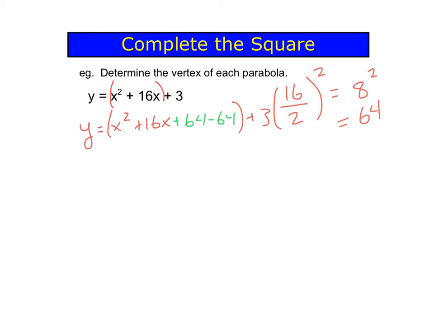Okay, get the negative 64 out of the bracket by multiplying by 1. And then you need to factor the perfect square trinomial that you have created.